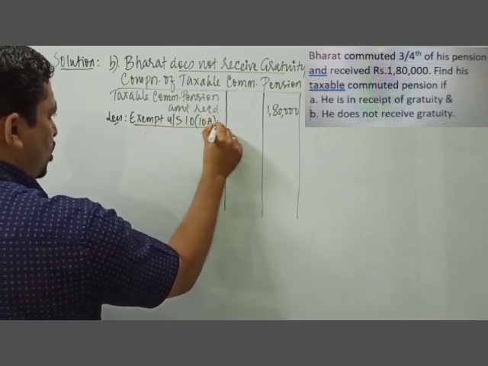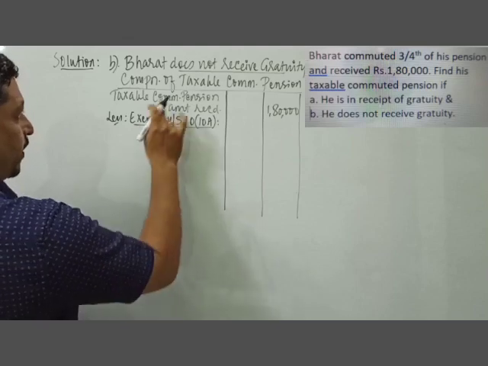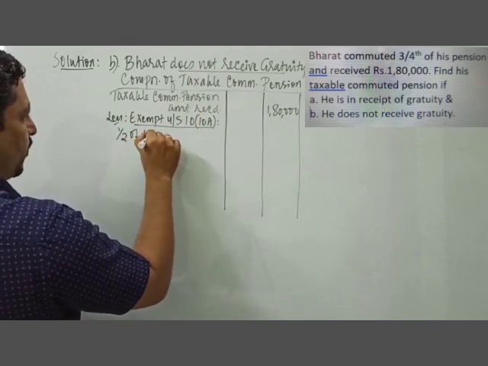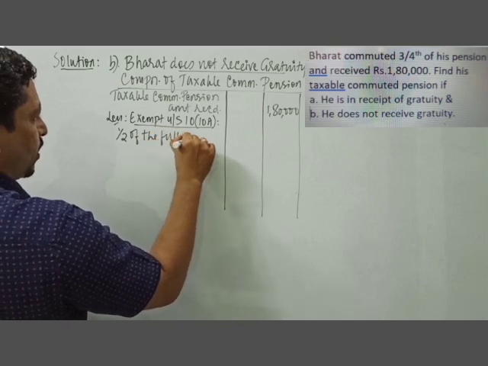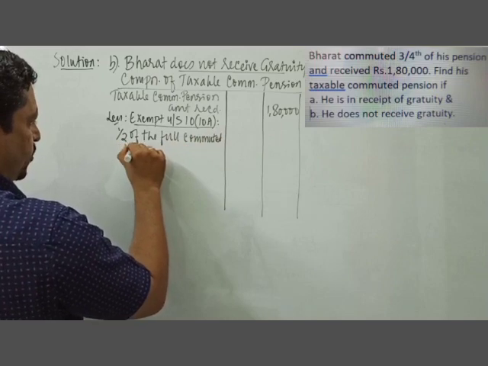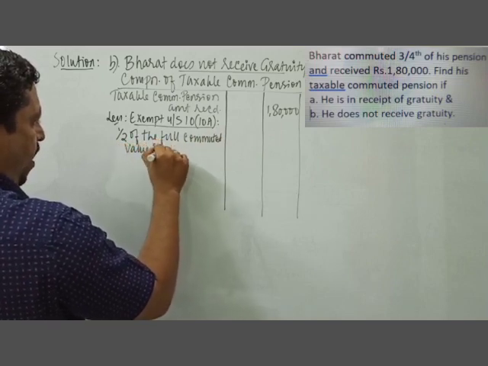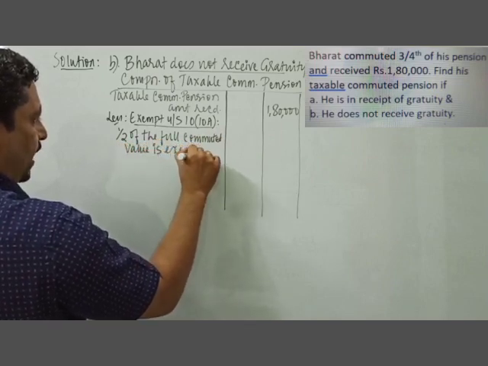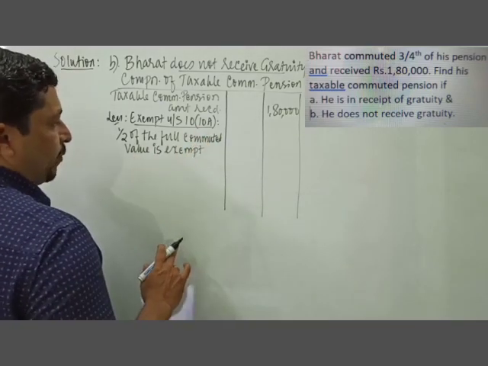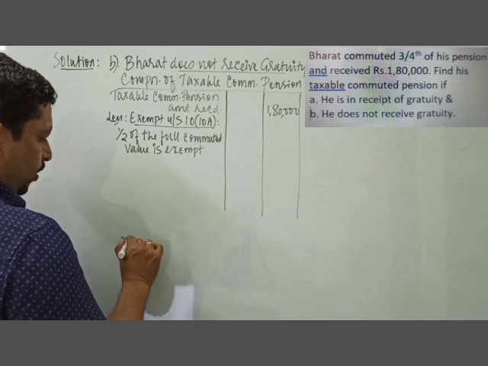As far as pension is concerned, we are clear that since he does not receive gratuity, half of the full commuted value is exempt. Let's take a note.